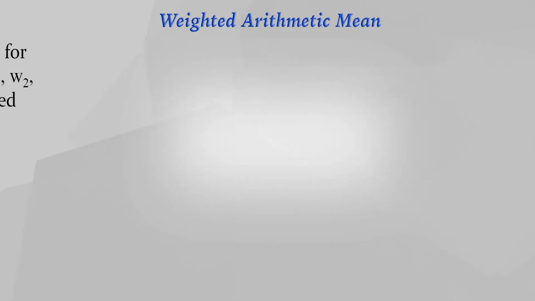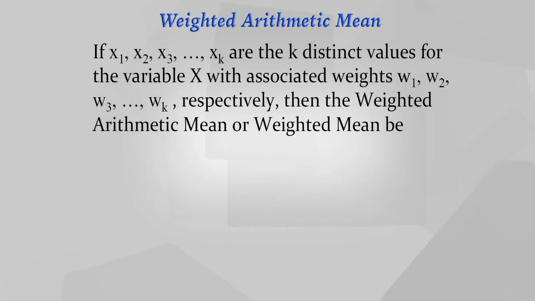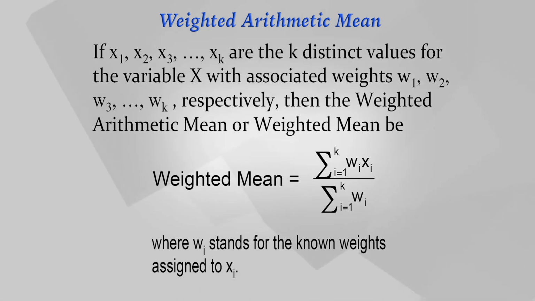If x1, x2, x3 up to xk are the k distinct values in the variable x with the associated weights w1, w2, w3 up to wk respectively, then the weighted arithmetic mean or weighted mean would be: the numerator term is the sum of the product of the k distinct values with corresponding weights, divided by the sum of total weights.